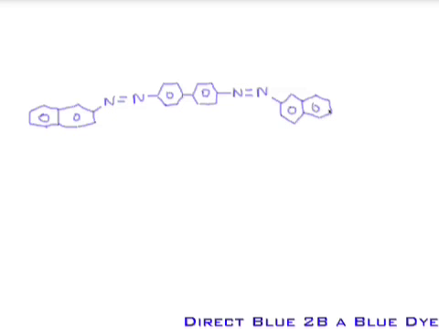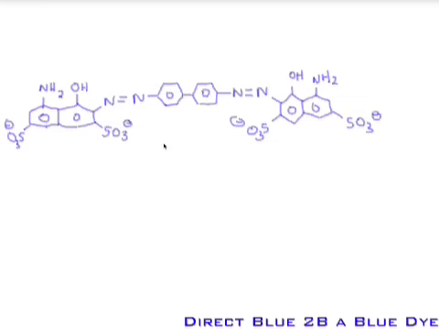So, in order to do this, I will need lots of pi bonds. The SO3 minus groups have pi bonds. The aromatic rings have pi bonds.